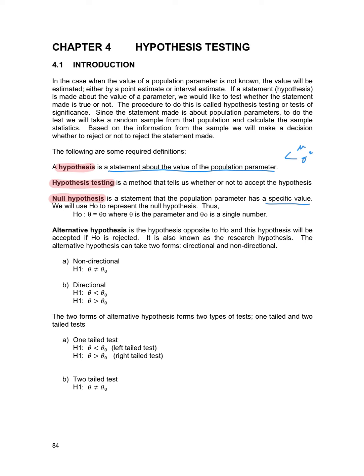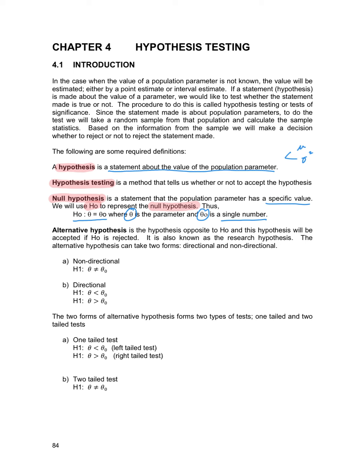So kita ada specific value yang kita nak sandarkan kepada kita punya parameter mean tu. For example, H naught: theta equals theta naught, where theta is the parameter and theta naught is a single number. So kalau kita nak test on mean ke, on variance ke, it depends on us.